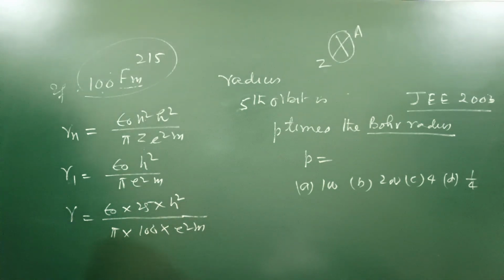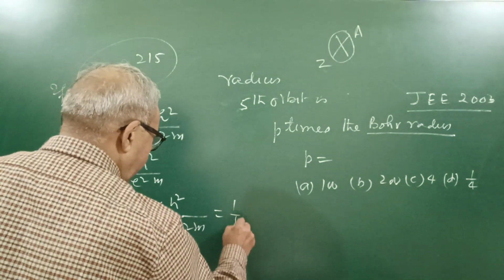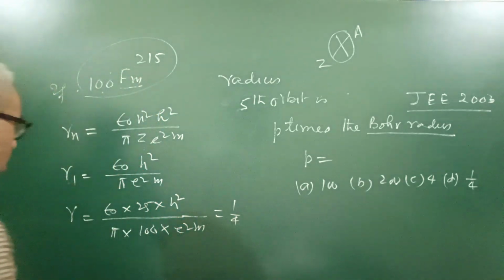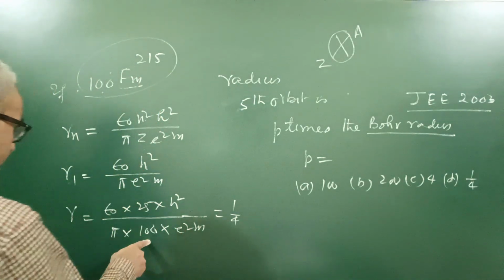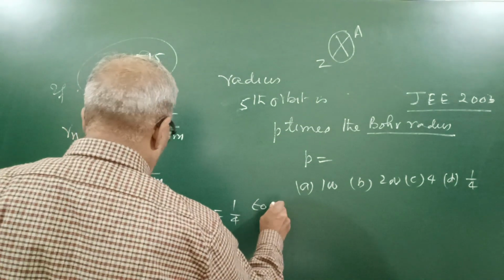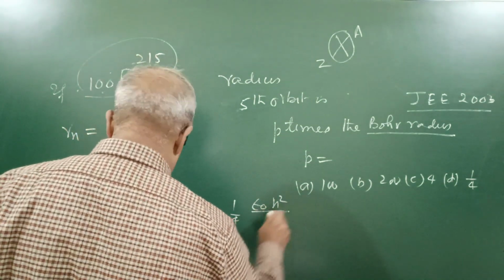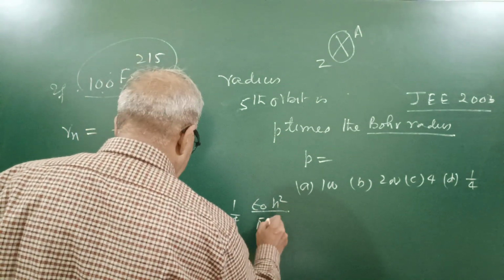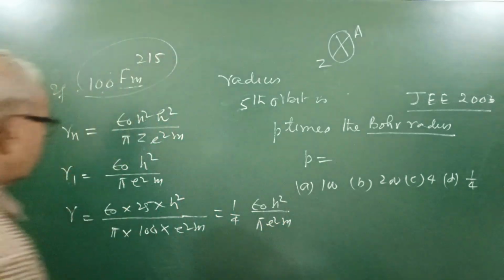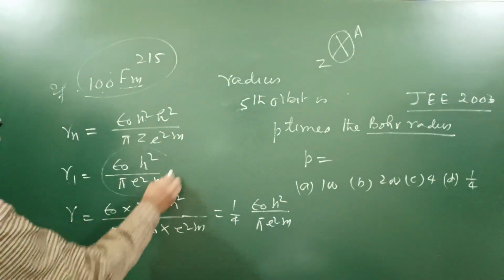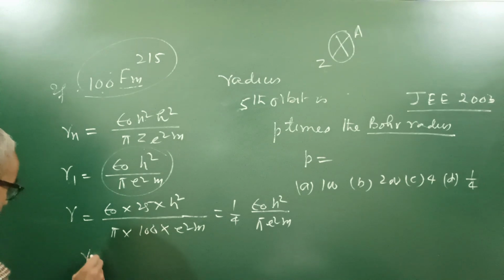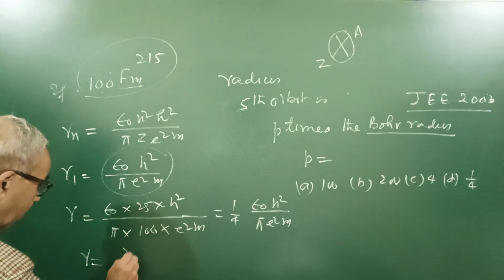What is this? 1/4 epsilon 0 h square upon pi e square m. It is R1. So R equal to this R1/4.